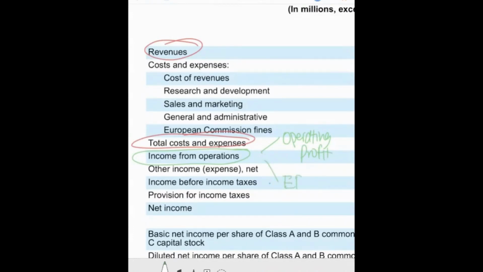So if you keep hearing the word EBIT, it actually means this income from operation, operating profit. EBIT means earnings before interest and tax. You can see that the interest and tax is below, so it's earnings before interest and tax. So that's what you call operating profit, EBIT, income from operation. It's exactly the same thing.